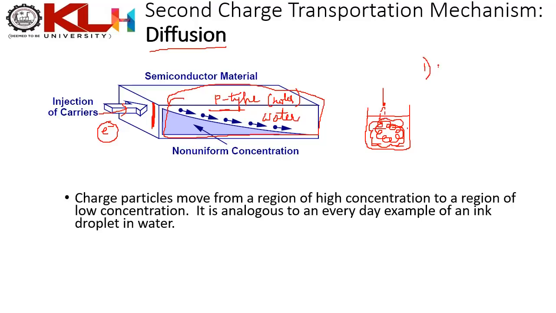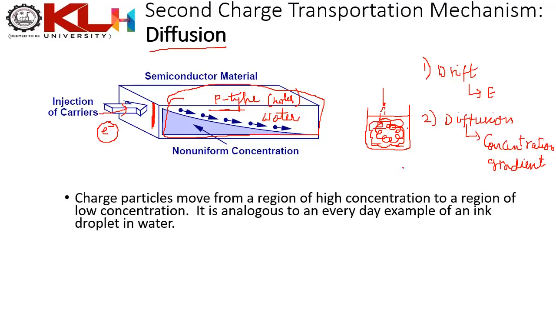Okay, so basically you need to understand that there are two phenomena with which transport of charge carriers is taking place. The first one happens to be drift, which of course happens in the presence of an electric field, and the second one happens to be diffusion, which happens when there is a concentration gradient. Okay, so very important. These two points are very, very important to get an intuitive understanding of semiconductors.